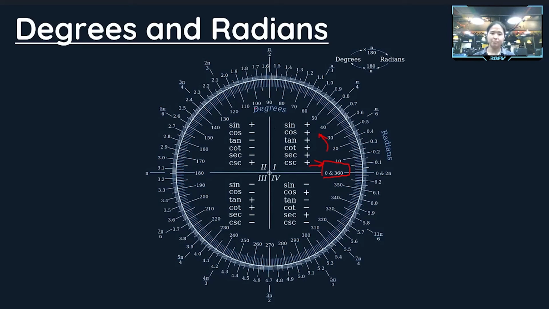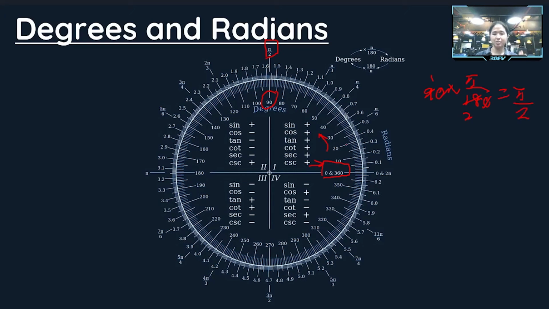If you go up to 90 degrees, the radian value is pi divided by 2, because 90 degrees times pi over 180 simplifies to pi divided by 2.